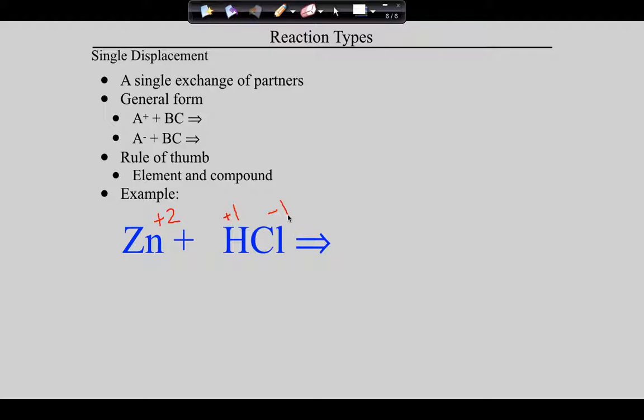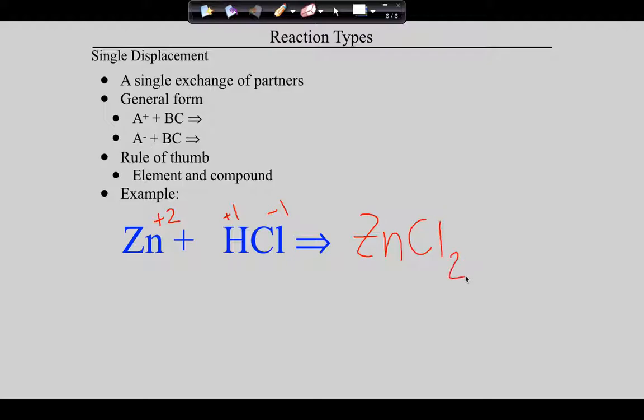Guys, who is the positive zinc going to hook up with? The positive hydrogen or the negative chlorine? Right? Yeah, the negative chlorine, but check this out. The zinc does hook up with the chlorine, but it doesn't do that. Why not? It ain't balanced. So if zinc is +2 and chlorine is -1, what is the formula for zinc chloride going to be?